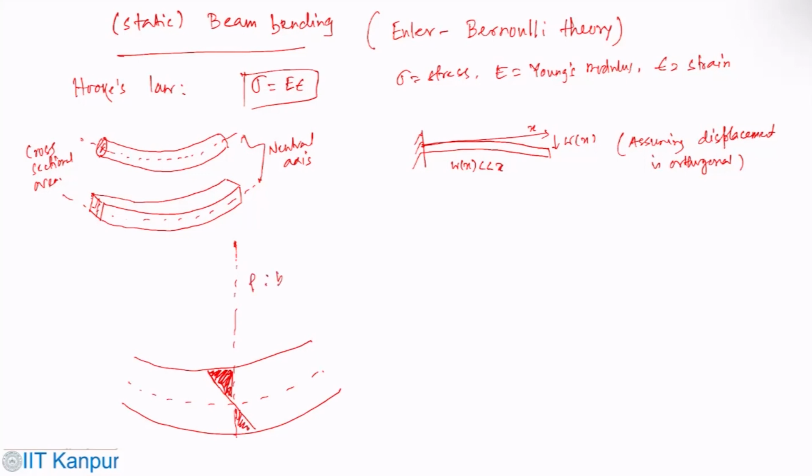This is the bending radius, or radius of curvature. This is the neutral axis. This is the 2D thickness. And this is Z, which is the distance from the neutral axis.